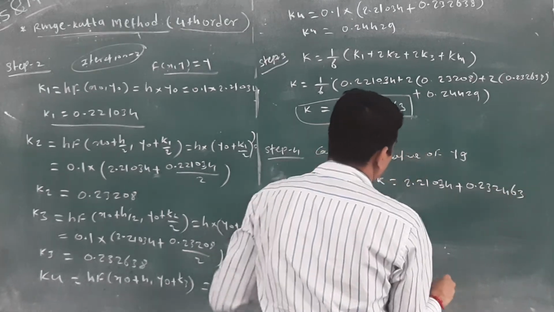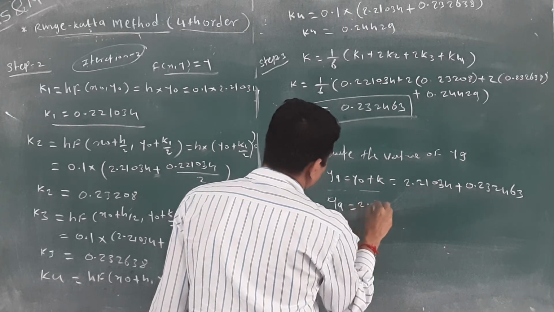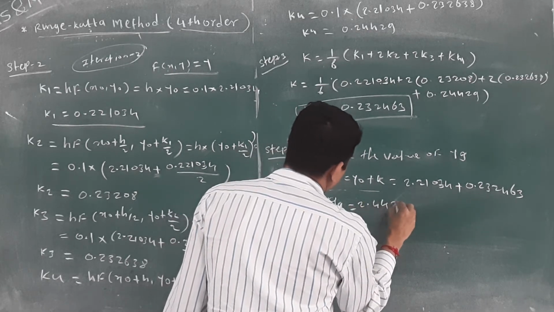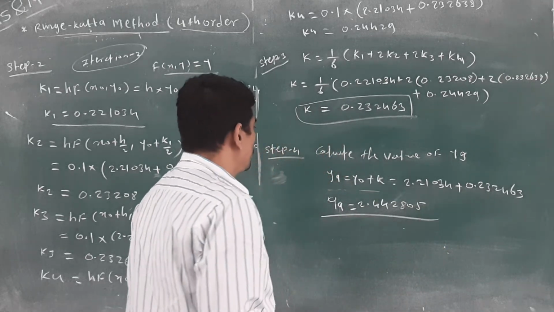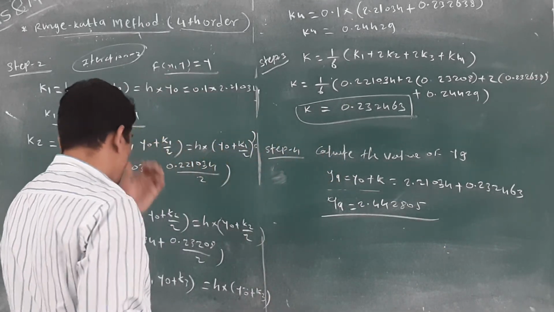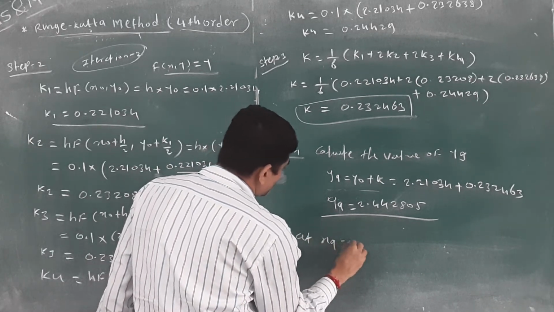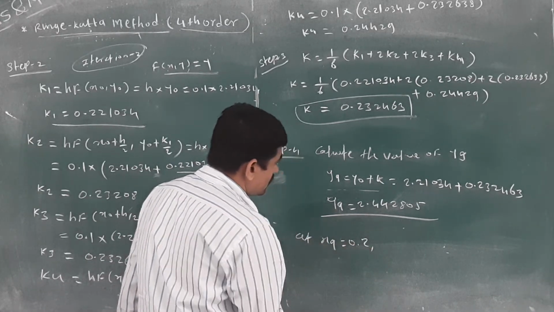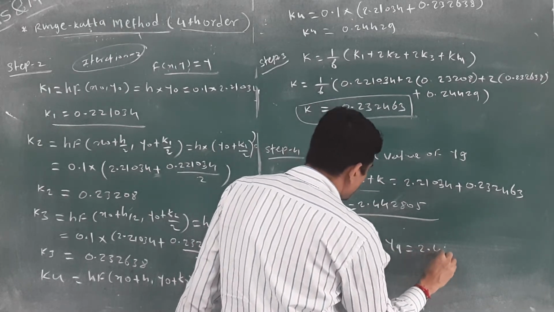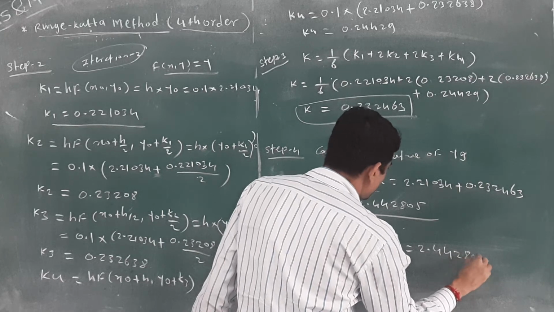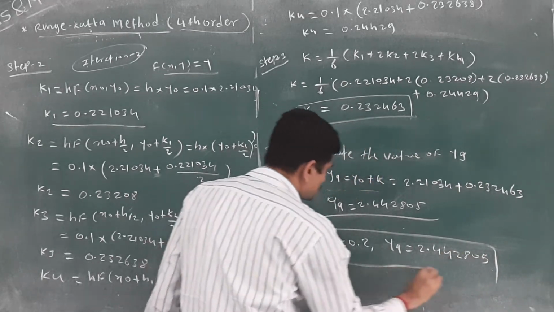Then you will get yg is equal to 2.442805. Our final answer is: at xg equal to 0.2, the corresponding value of yg is equal to 2.442805. This is our answer.